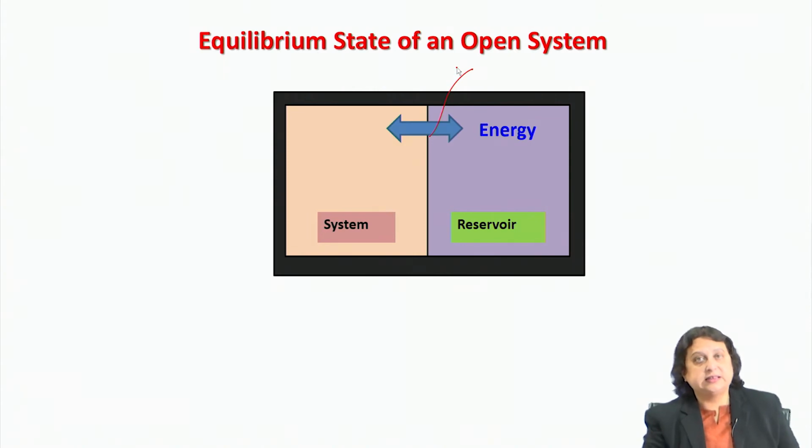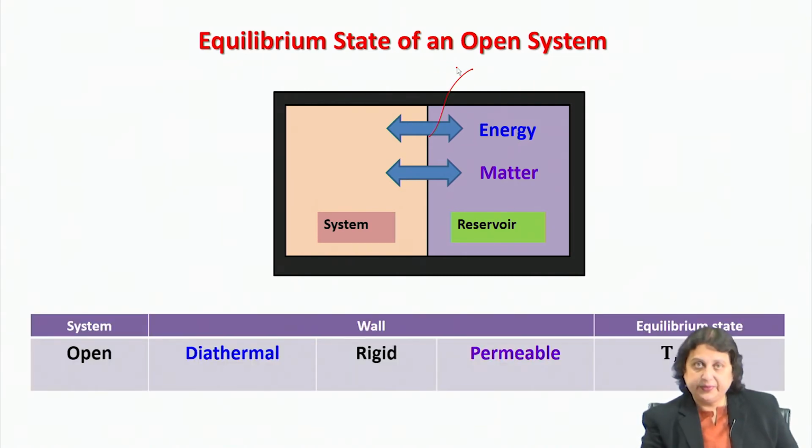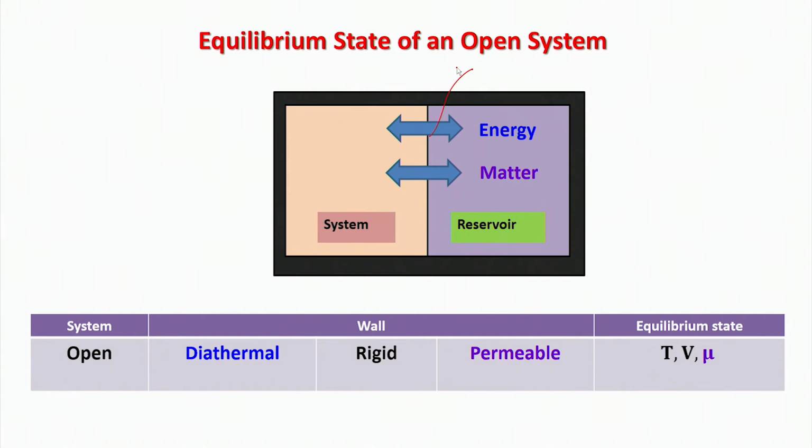So in that case, the system and the reservoir can exchange both energy and matter. And I would describe the equilibrium state of such a setup in terms of a diathermal, rigid and permeable wall, such that the equilibrium state of the system will be specified by specifying the temperature T, volume V and the chemical potential mu.